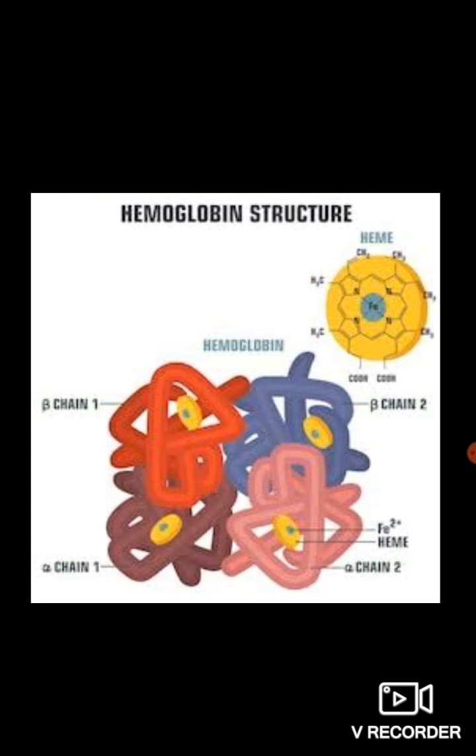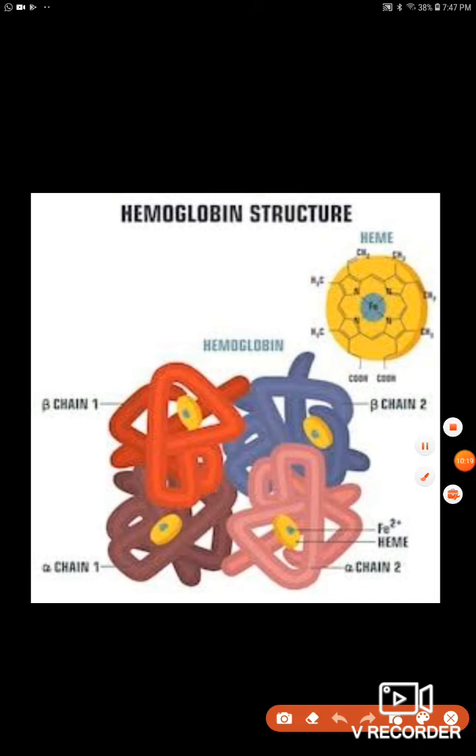Now it's a very famous word. If you know RBC, you should know what hemoglobin is. Hemoglobin is a chemical constituent of the RBC. Red blood cells have a colorless spongy body which is called stroma, and in that stroma they contain the pigment which is called hemoglobin.